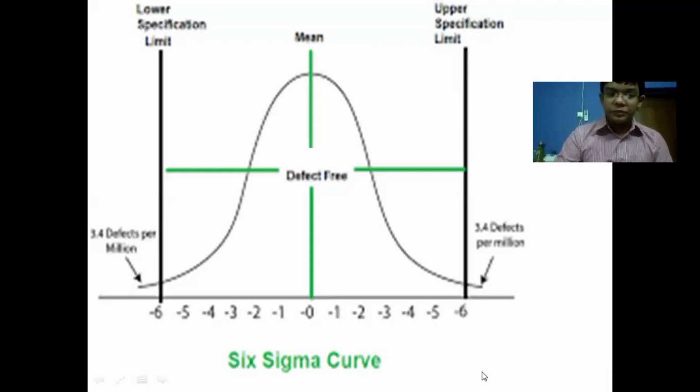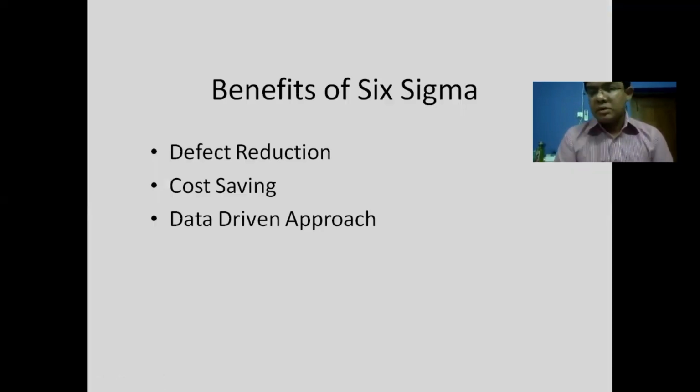Okay. Now I will tell you about some benefits of Six Sigma. The first benefit in this presentation is defect reduction, and then cost saving as a consequent result, because defect is costly.